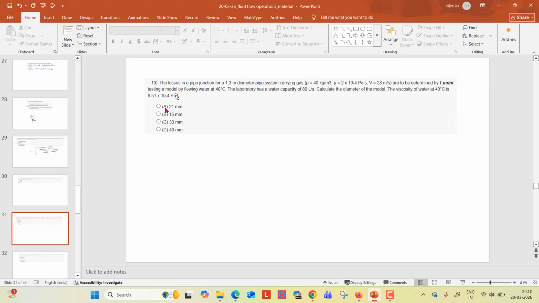The losses in a pipe junction for a 1.3 meter diameter pipe system carrying gas, with mu and V given, are to be determined by testing a model by flowing water at 40 degrees centigrade. The laboratory has a water capacity of 80 liters per second. Calculate the diameter of the model. The viscosity of water at 40 degrees is given. So Reynolds number we can calculate for the model system and the prototype system, right?